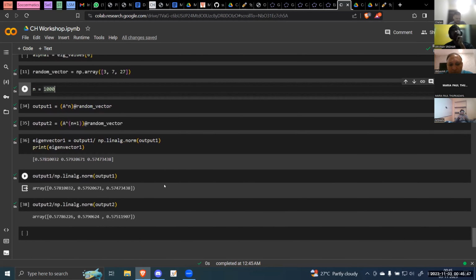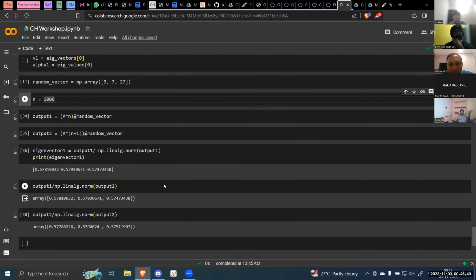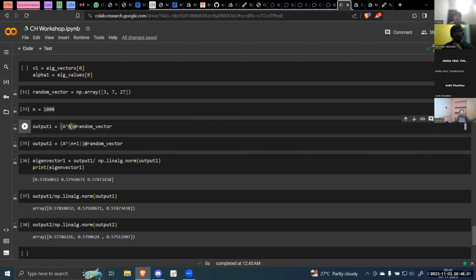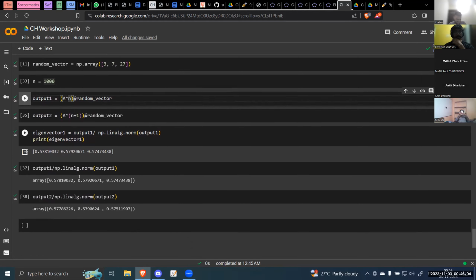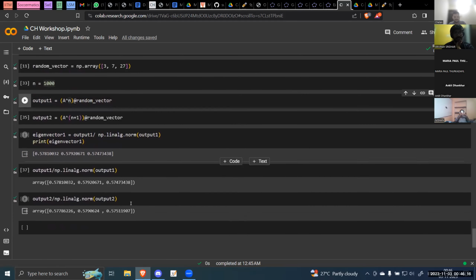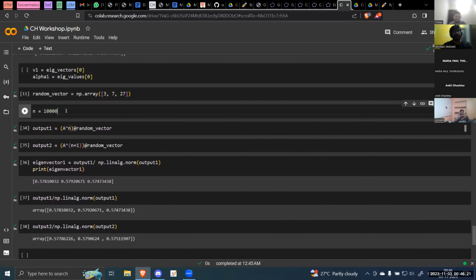Isn't the property you're applying the power of a matrix, where after repeatedly feeding outputs as inputs, after a certain number of repetitions we will converge to a single vector? That was the idea. Oh, so we need a sufficiently large n to make them converge.